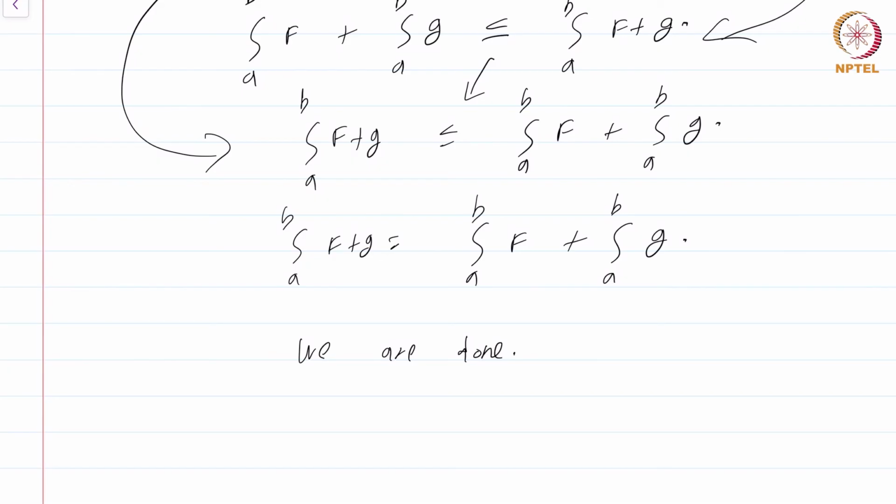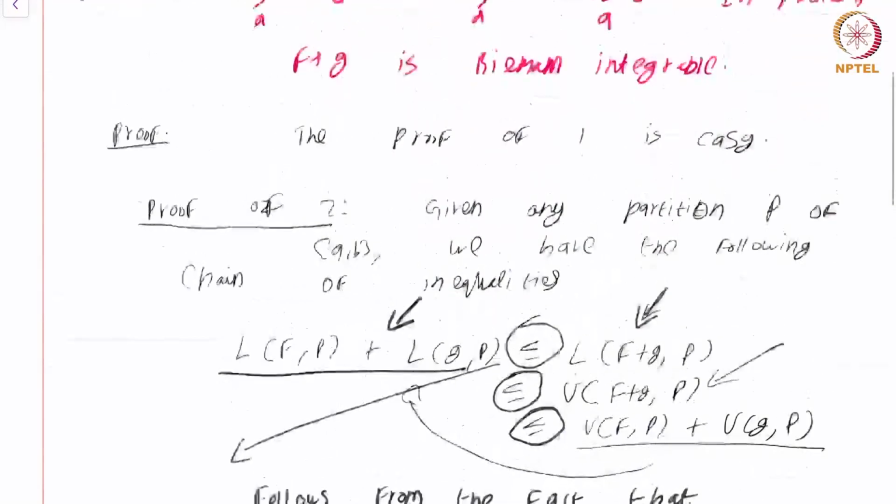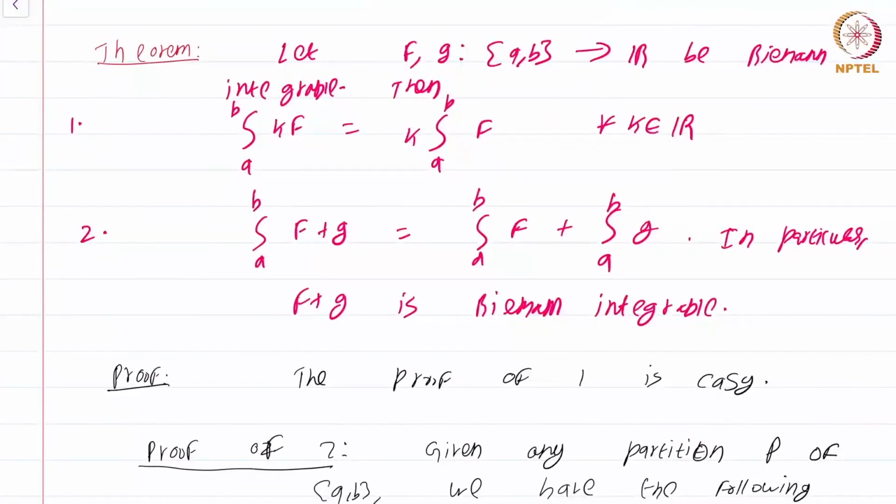Okay, so this property that we have done, that integral a to b of kf is k times integral a to b f, and integral a to b of f plus g is integral a to b f plus integral a to b g, is called linearity. So essentially, the collection of all Riemann integrable functions is usually denoted by script R[a,b].